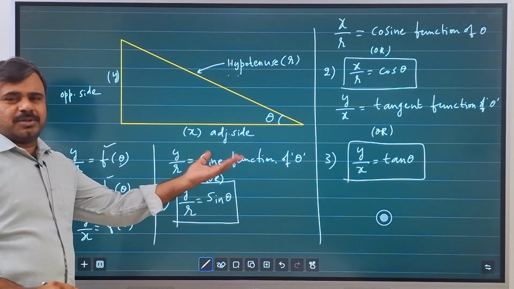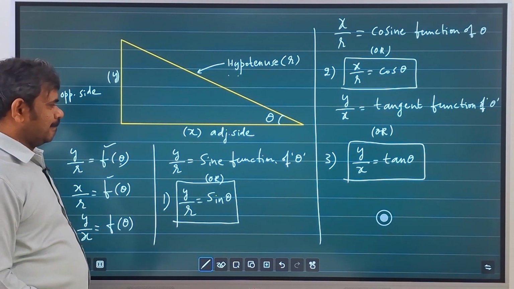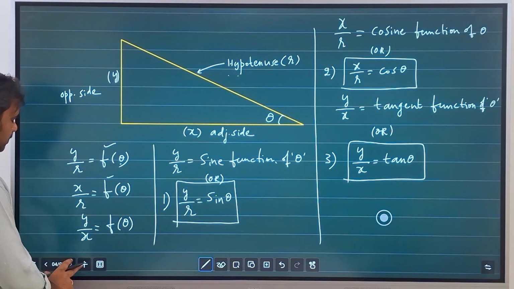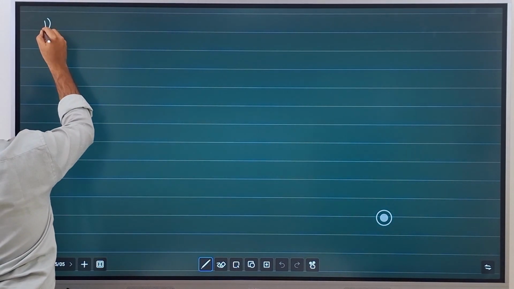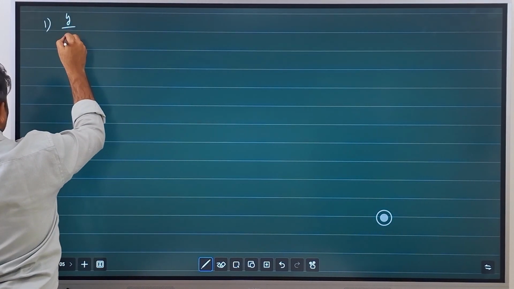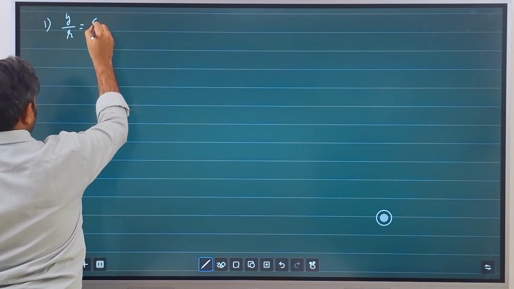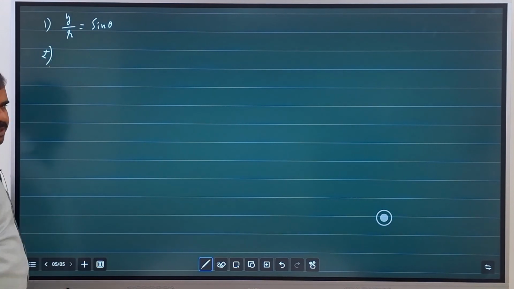The reciprocals of these ratios also have names. Let's write down those names also, names of those functions also. Reciprocals of these ratios. What are those ratios? Opposite side to hypotenuse ratio, sine theta, that is one ratio that we wrote down in the previous page.